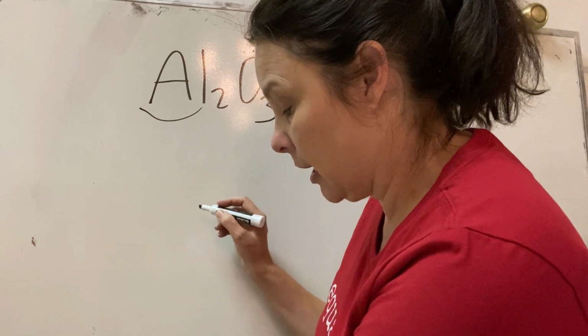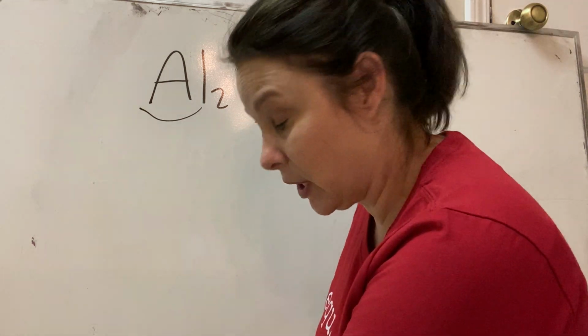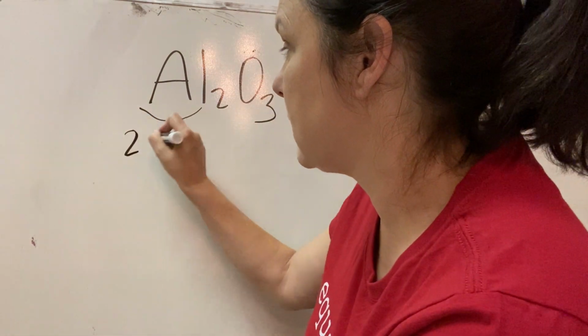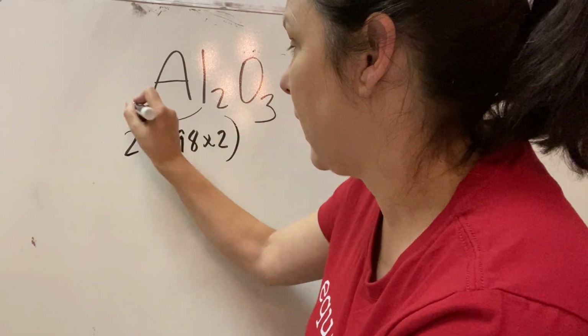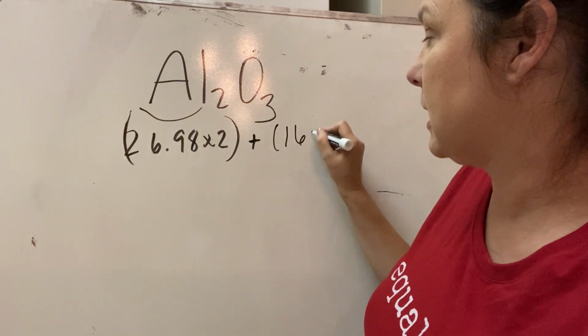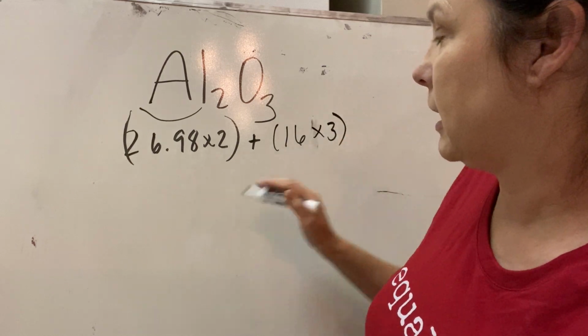So each aluminum is 26.98, and we've got 2 of those, so that's 26.98 times 2 for that aluminum. And then the oxygen is 16 times 3, okay?